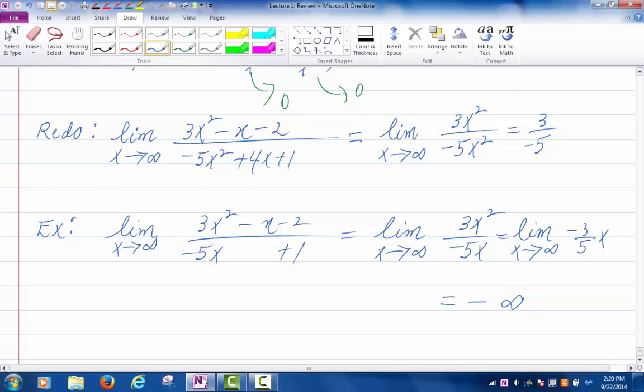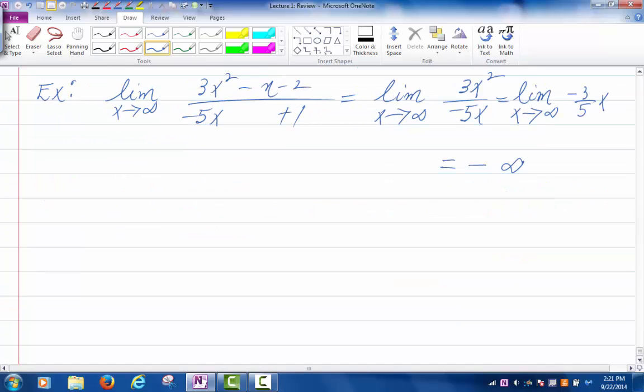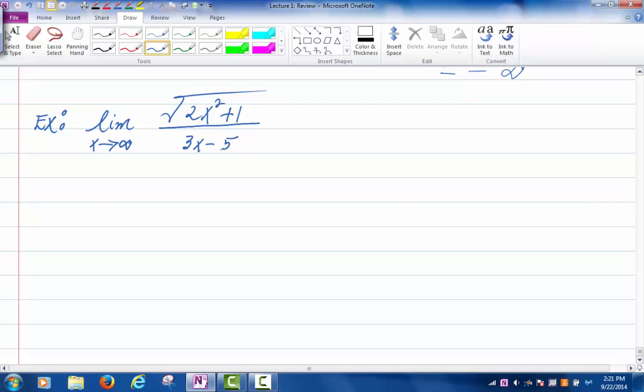All right. Next, let's look at a similar but a little bit different example. You take the limit as x goes to infinity of root of 2x squared plus 1 over 3x minus 5.